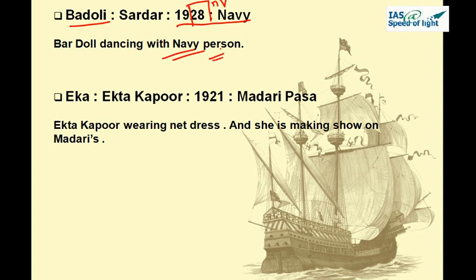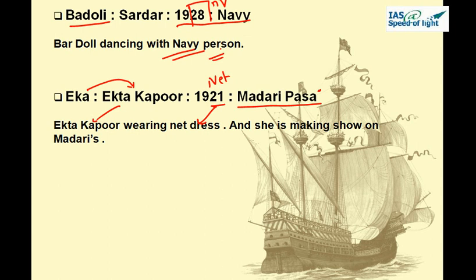Eka movement. For Eka, our picture is of Ekta Kapoor. It is again in the year 1921, that is net, and the leader was Madari Pasi. So Ekta Kapoor wearing a net dress. Net is 1921. Ekta Kapoor is Eka, and she is making a show on Madaris.